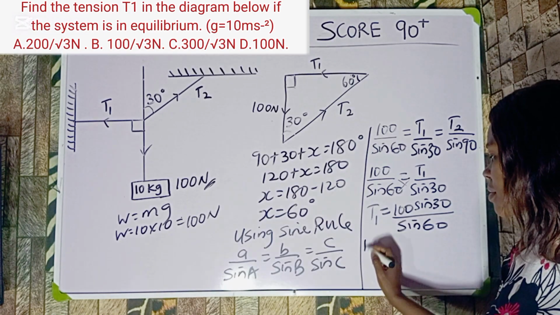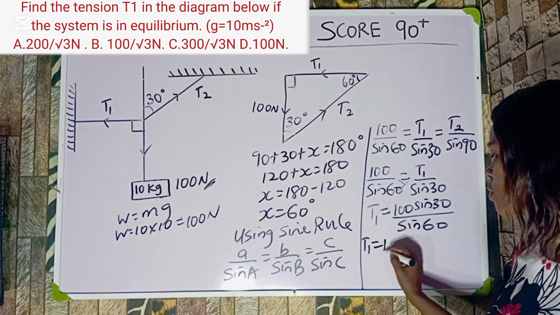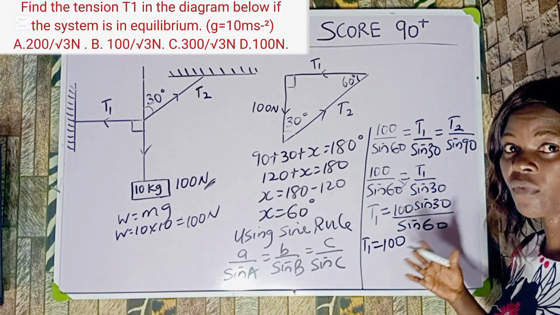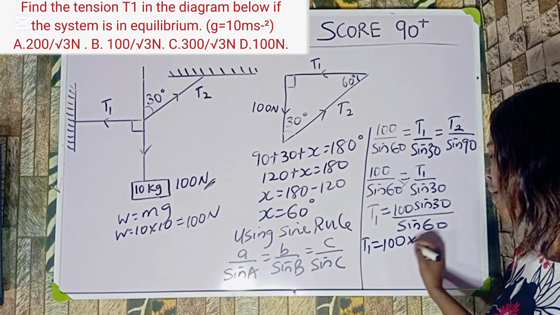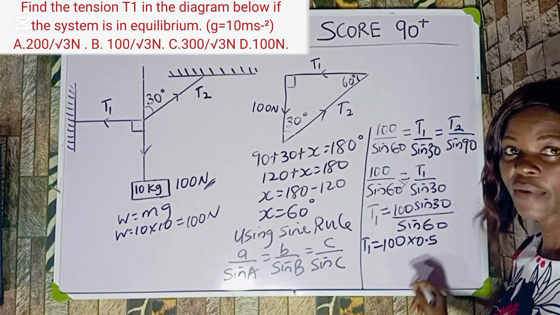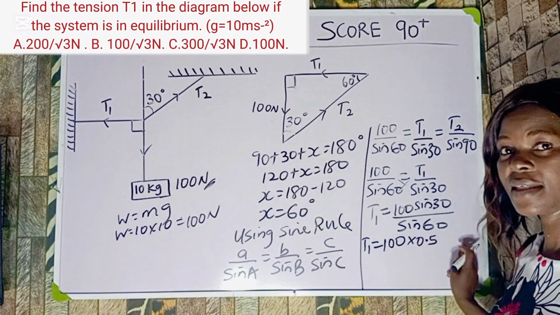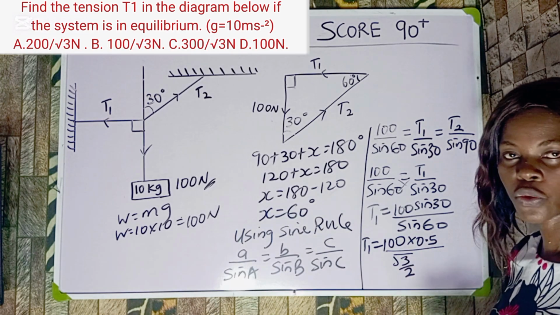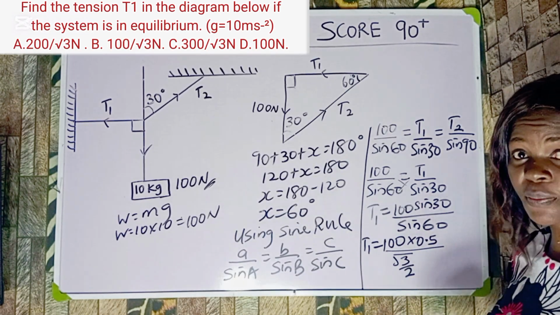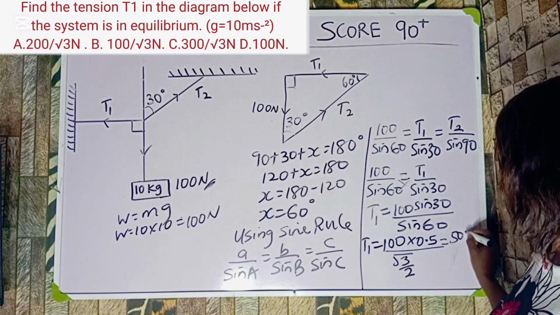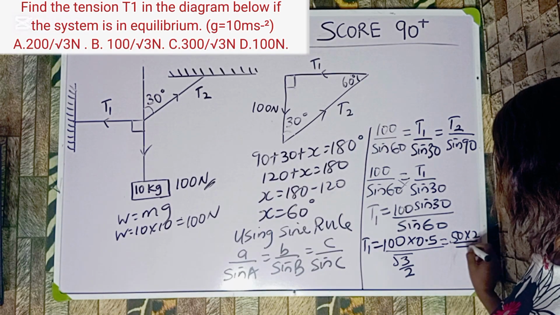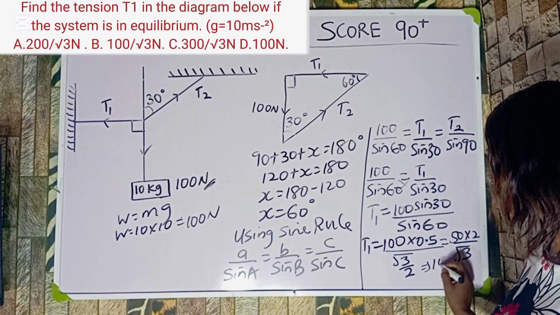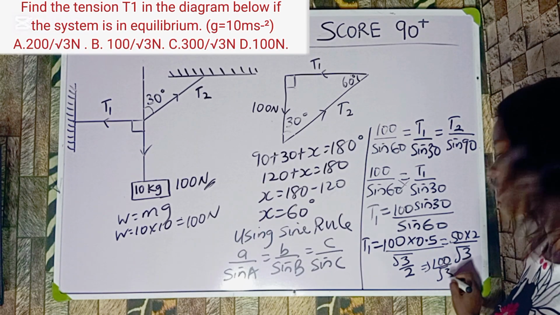Sine 30 is 0.5 or 1 over 2, so you multiply by 0.5, divided by sine 60, which is root 3 over 2. By the time you multiply all three, you are going to have 50 times 2 over root 3.